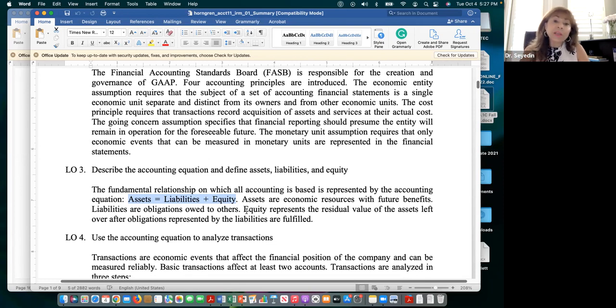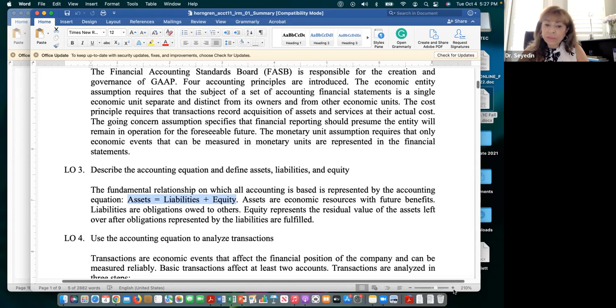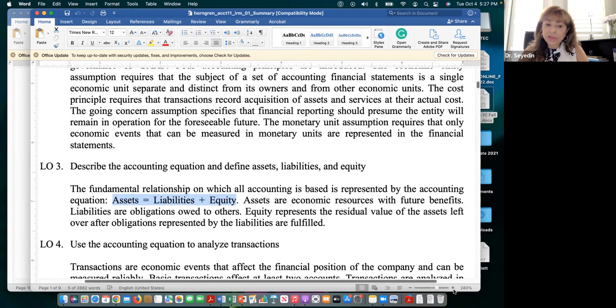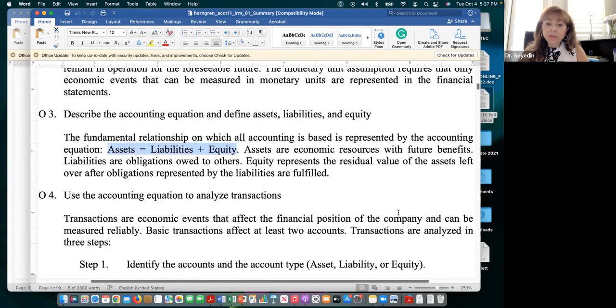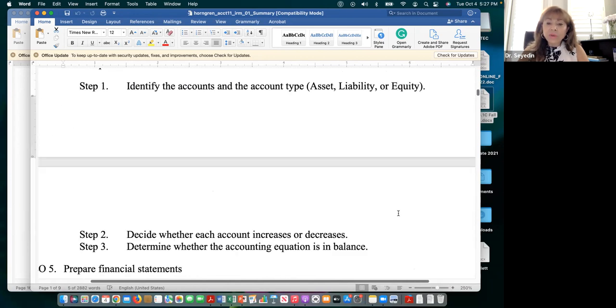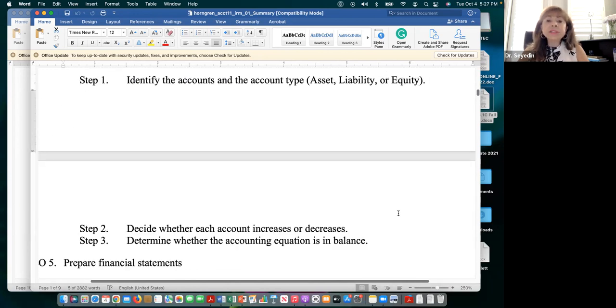So we will be calling equity stockholders' equity. Okay, so that's why you will see equity here. I am going to make this a little bit larger so you can see it. Awesome.